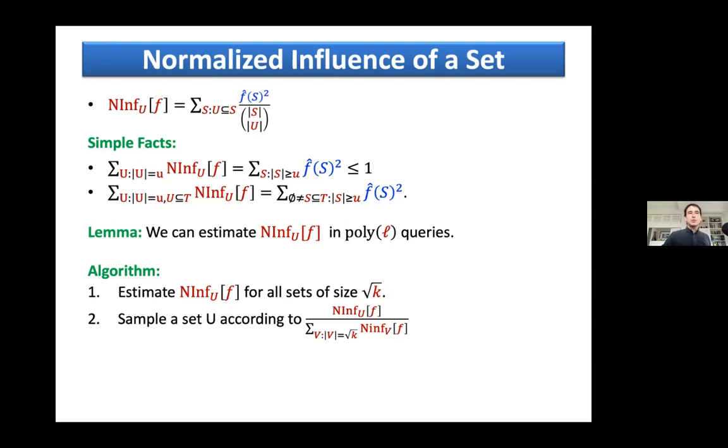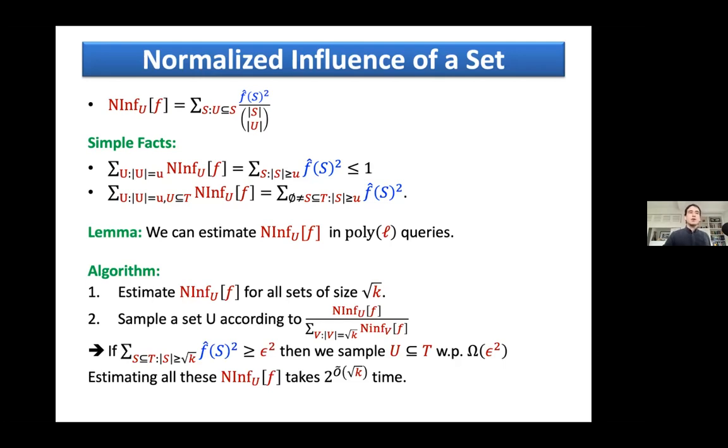And what we would get is that, as long as T captures a lot of the Fourier mass of F, at least a constant fraction of it, and moreover, we need this Fourier mass to sit on levels that are higher than square root k, then we would sample a subset U inside T of size square root k with constant probability.